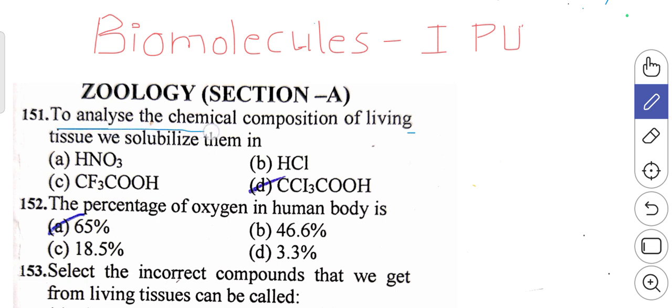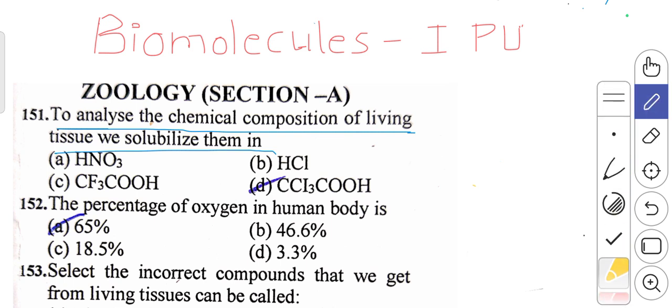To analyze the chemical composition of living tissue, we solubilize them in... In order to know the chemical constituents or composition present in a living organism, we mainly do an experiment.